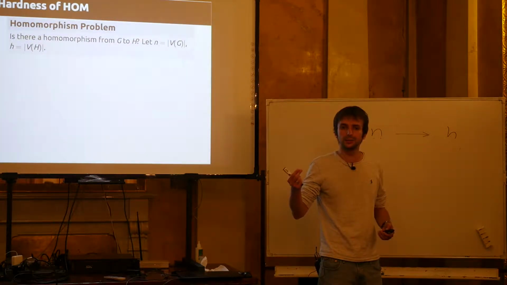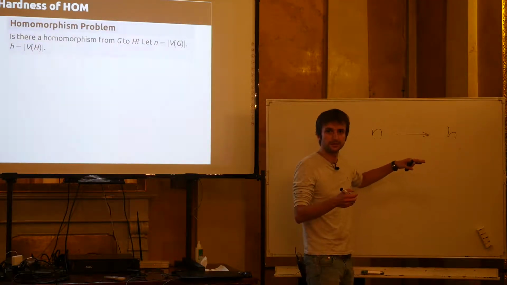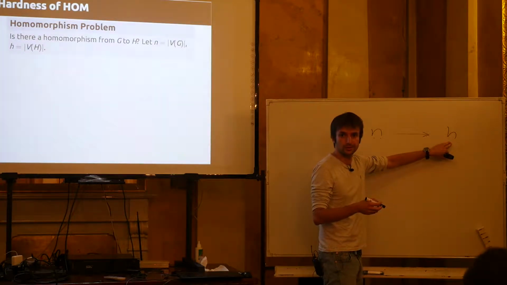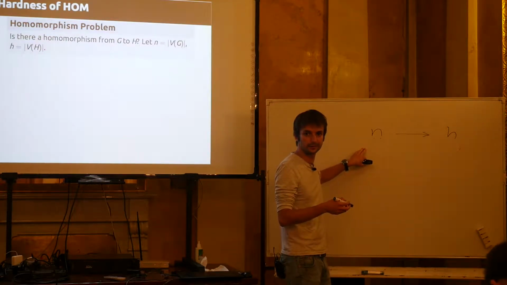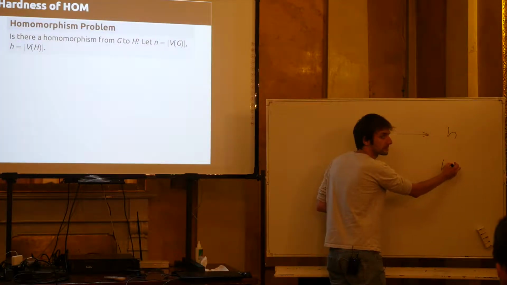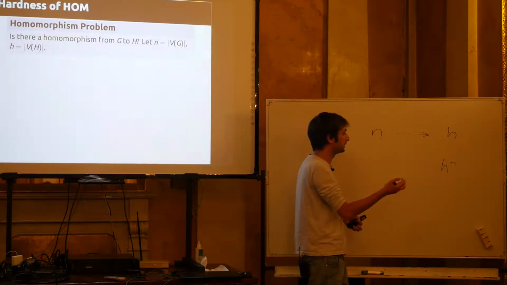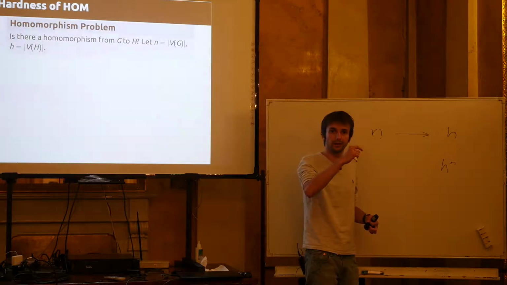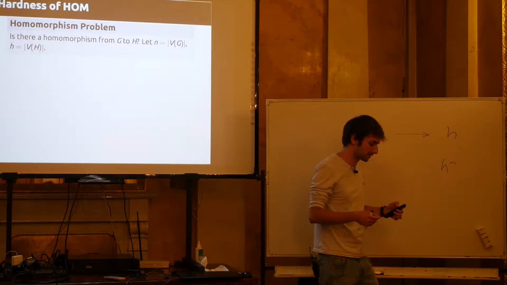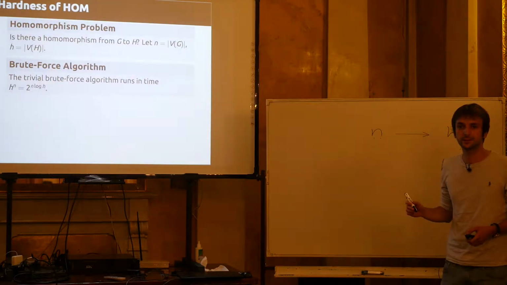So one way to go over all partitions into h groups is just to try each of these images for each of these vertices. So this will take time h to the n just to construct all the partitions. And then in polynomial time, you just check whether every edge is mapped to an edge. So in particular, we can solve this in time roughly h to the n, up to polynomial factors, which we again ignore.